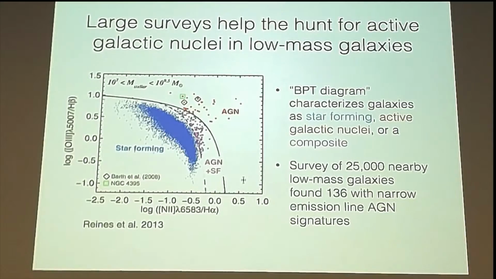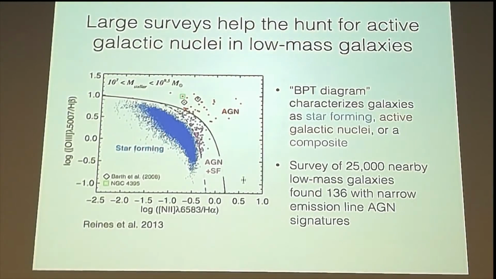So depending on whether a galaxy is primarily star-forming or has an active galactic nucleus or some combination of the two, the composite, it will fall in a different location on this diagram. So this is a way of finding active galactic nuclei just using the optical spectra that I talked about.